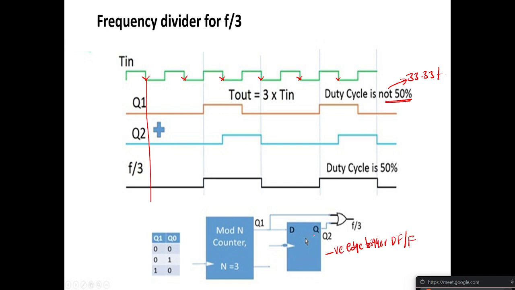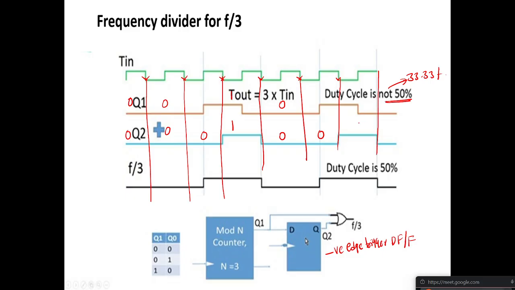Whatever Q1 is there, you get here: 0, and it will stay 0 till the next negative edge. Then it becomes 1 and stays 1 till the next negative edge. Again it checks; this is 0, so it becomes 0, and it stays 0 till the next negative edge, and then it becomes 1.